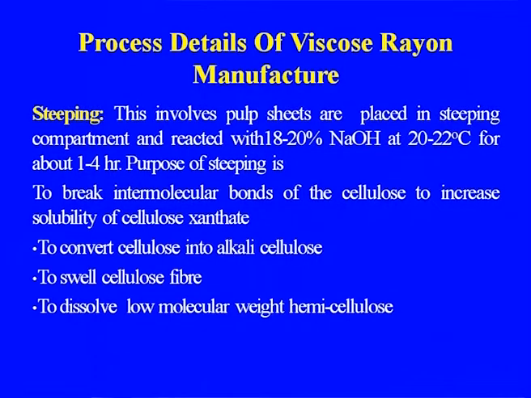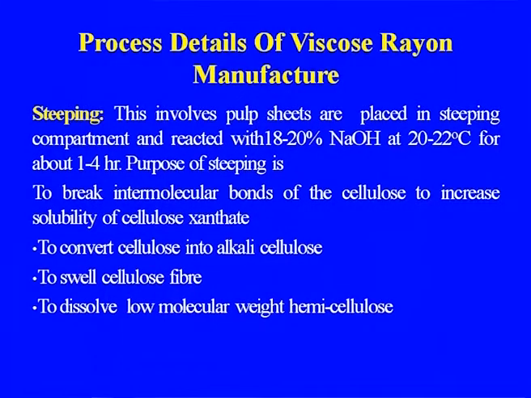If you see the definition of alpha, beta and gamma cellulose, when we treat with 17.5% NaOH, the alpha cellulose remains as such, and the beta and gamma cellulose dissolve. That is the reason for keeping 18 to 20% NaOH.